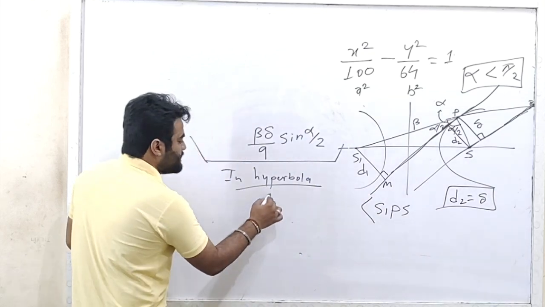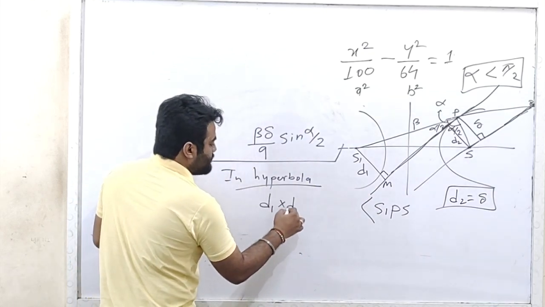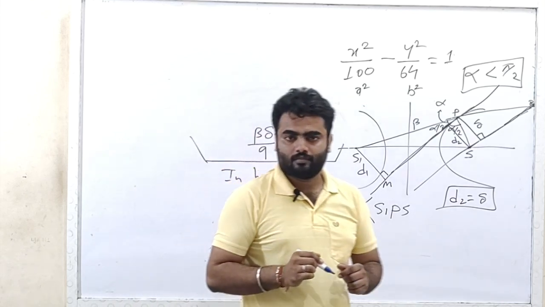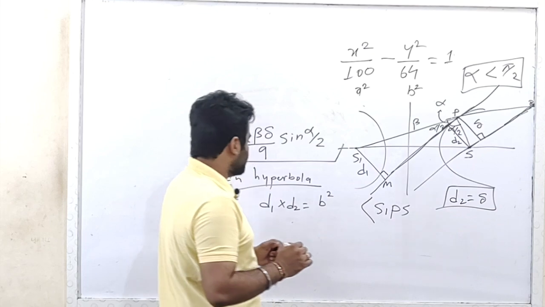Remember what I am saying: this d1 into d2 is going to be b square for sure. This is what I was saying earlier.